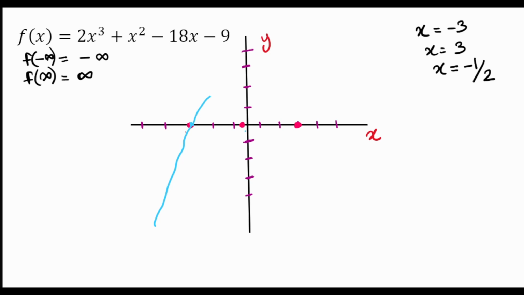But then it has to cross the x-axis again at minus half. So somewhere it will go back down and cross the x-axis again at minus half. Then it will continue to go down, but then it has to cross the x-axis again at x is equal to 3.